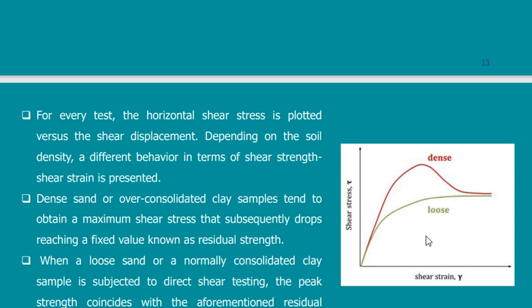If you have a loose material, then it is not dense, it will fail directly, but they both will end up having the same line, because this location depends on the material of the soil, if it is sand, clay or whatever, but this shape depends on the degree of compaction.